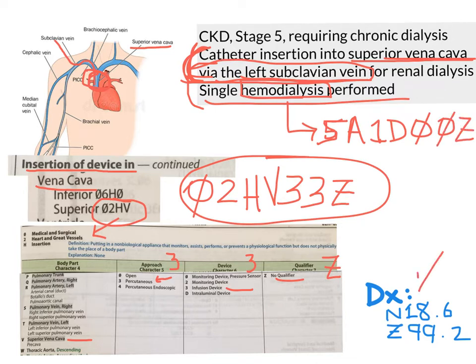So we end up with the 2 diagnosis codes, remembering to pull in the chronic dialysis Z code, and then we end up with 2 procedure codes up here.